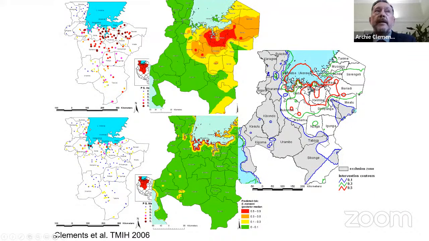And so these are areas of the map where we need to do annual mass drug administration with praziquantel. In areas where prevalence is between 50% and 10%, you do biannual mass drug administration of school-aged children and pregnant women. So these are the areas between the blue and the green, the blue and the red contours on the map.